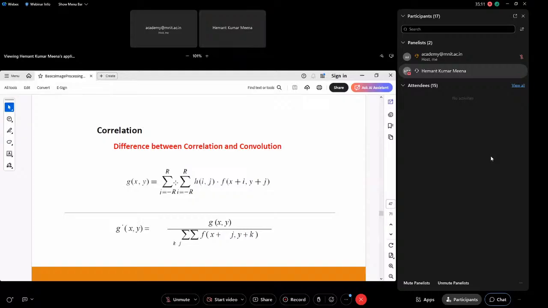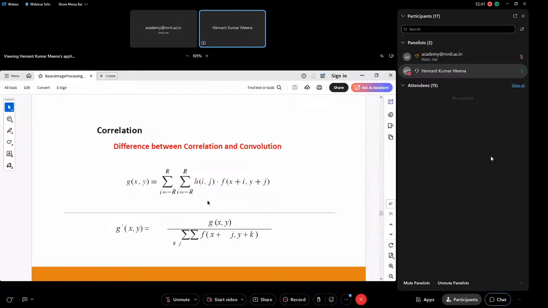Difference between correlation and convolution. Convolution is basically when we apply the filter, we are convolving that filter with that image, whatever that operation is. As you are aware, it is a two-dimensional signal.